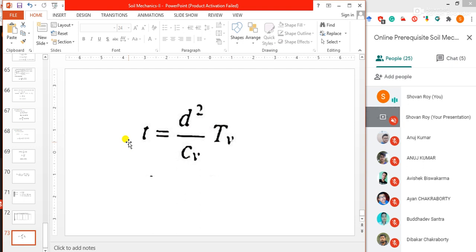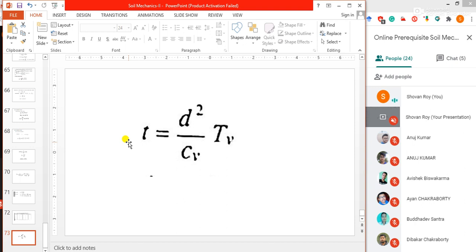So since tv is constant for a given degree of consolidation and given boundary conditions of the problem under consideration, the time required to attain a certain degree of consolidation is directly proportional to the square of its drainage path and inversely proportional to the coefficient of consolidation.